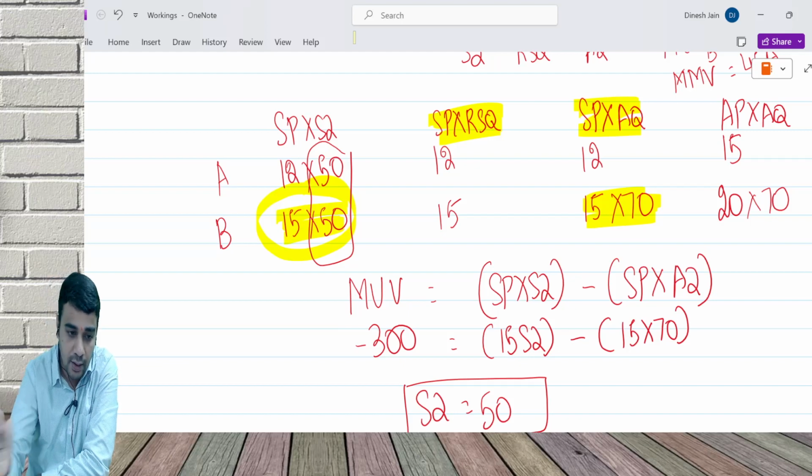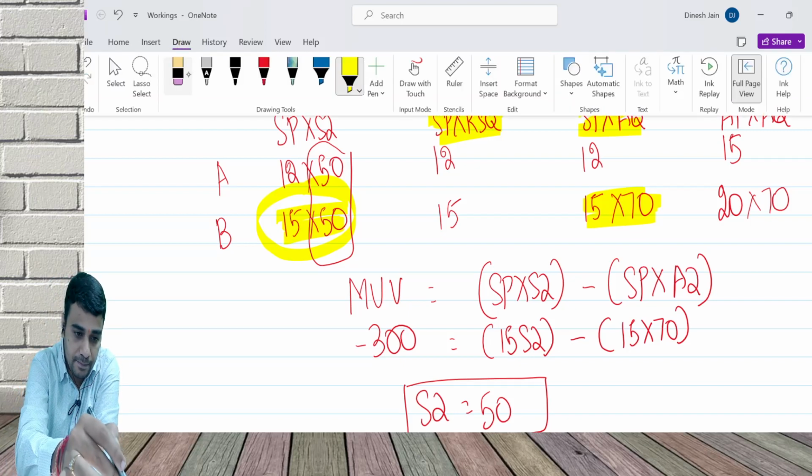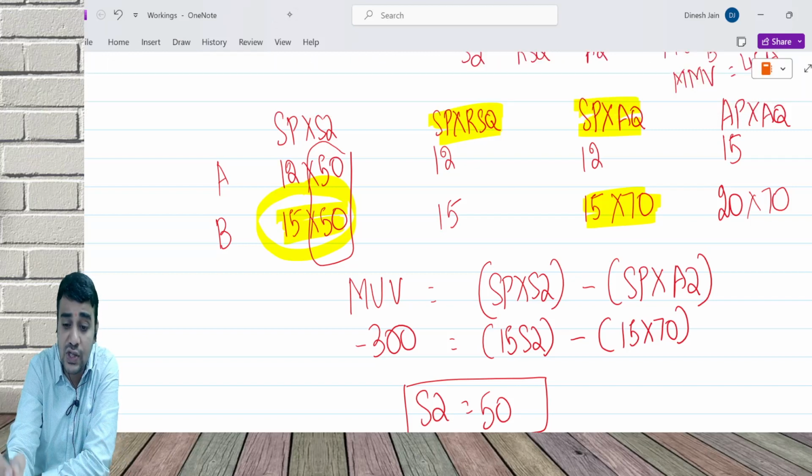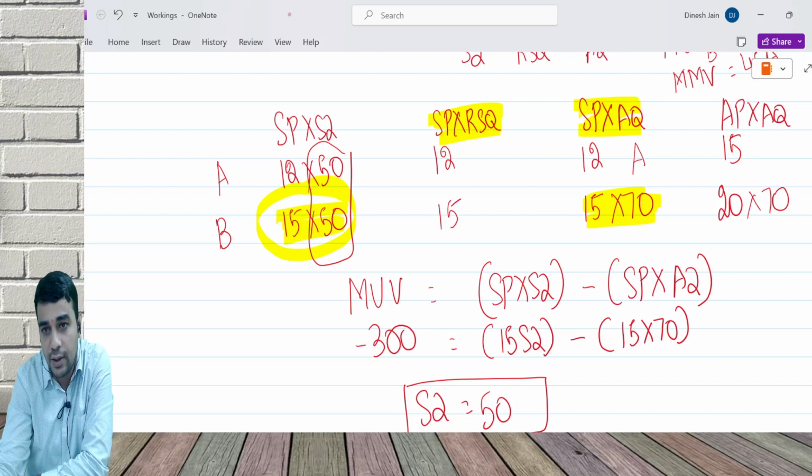Wait. You need not write, listen for some time. I am going to assume the actual quantity of A to be A. Total of AQ is A plus 70.